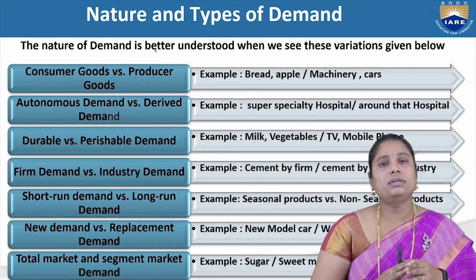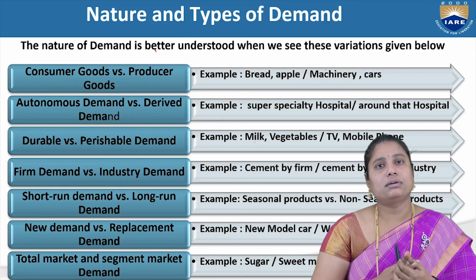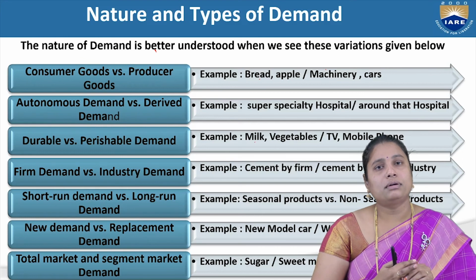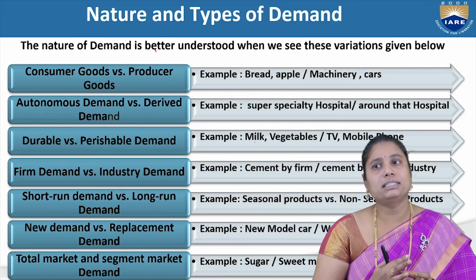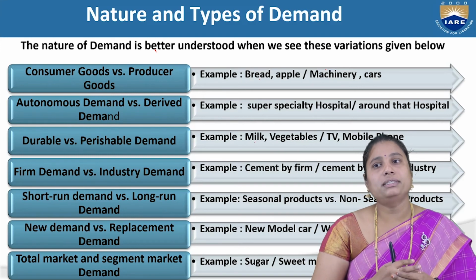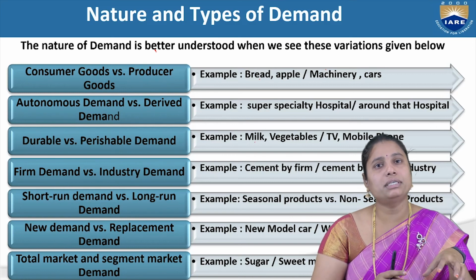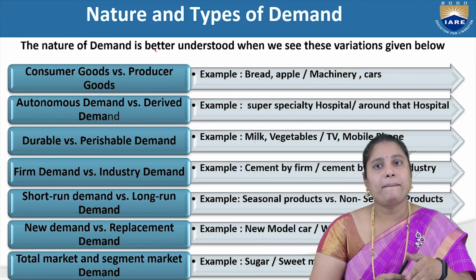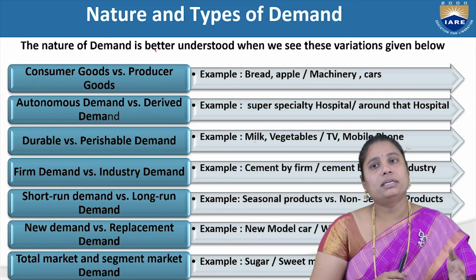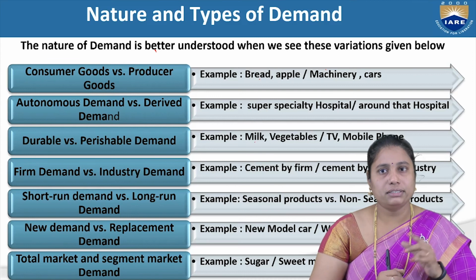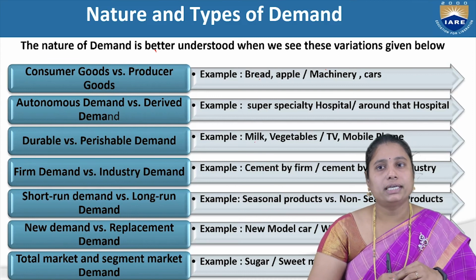For example, the cement industry: real estate businesses require cement, which is required by the entire industry. But if one company wants cement, that is a firm's demand. When the entire industry requires it, that is industry demand.